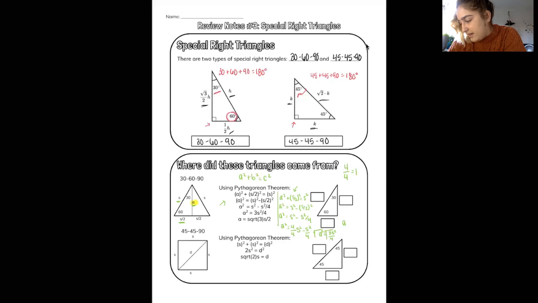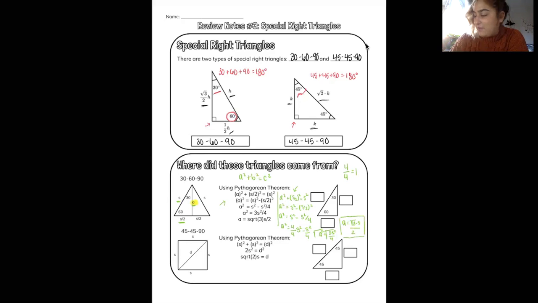So I end up with a equals the square root of 3 times s, because the square root of s squared is just s, the squared and the square root cancel. And I take the square root of 4, which is 2. So I figure out that my a side is root 3 over 2 times s.